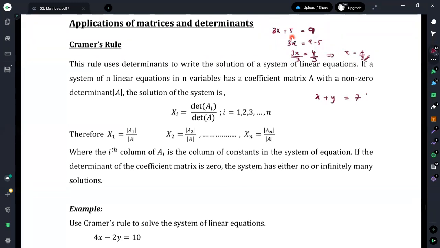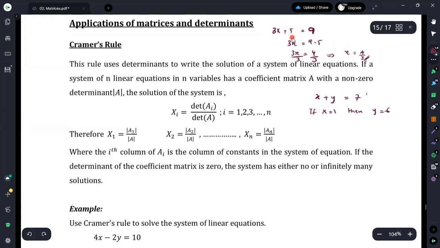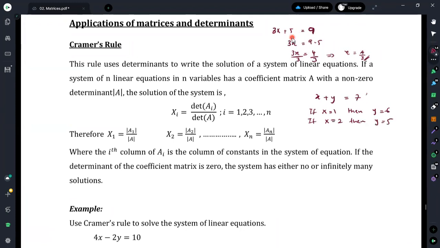Otherwise, you can arbitrarily substitute a value for x, and for the substituted value you can obtain an answer for y. As an example, if x equals 1, then y equals 6. If x equals 2, then y equals 5. Likewise, for any value you assume, you can obtain a value.